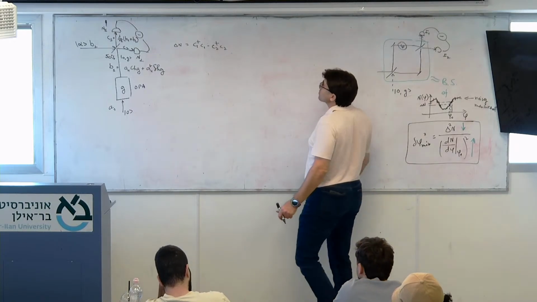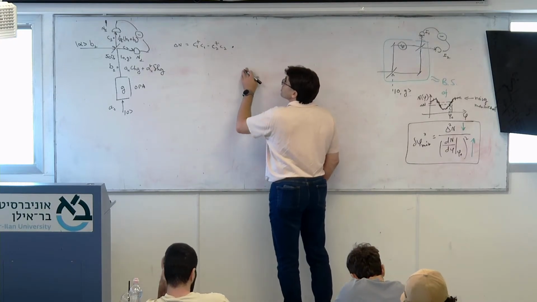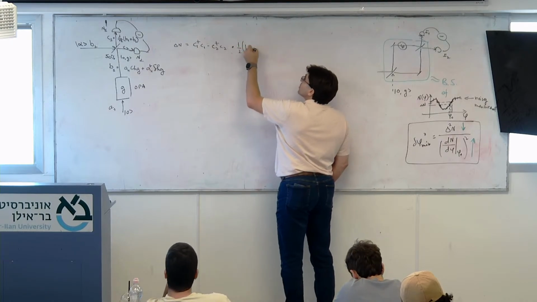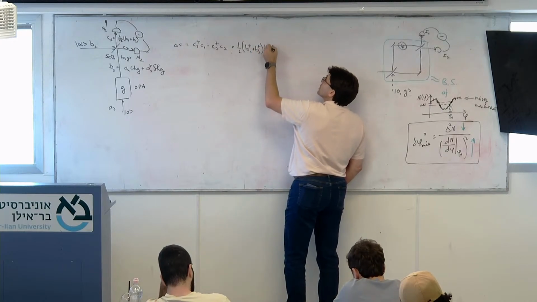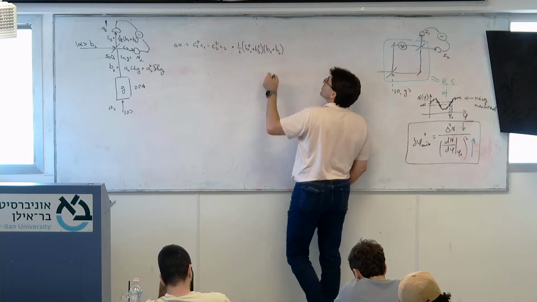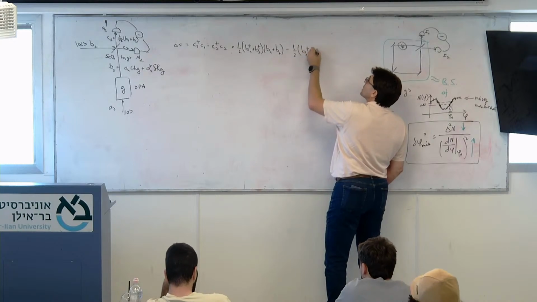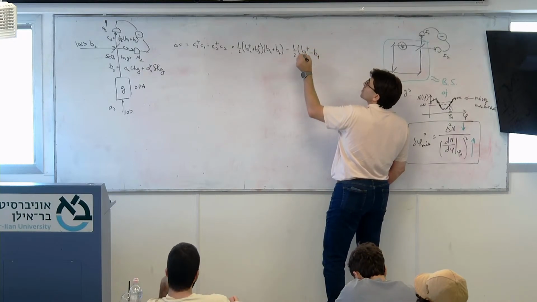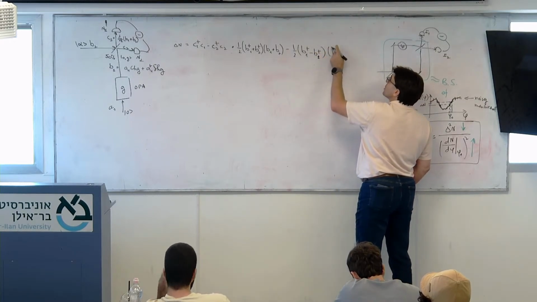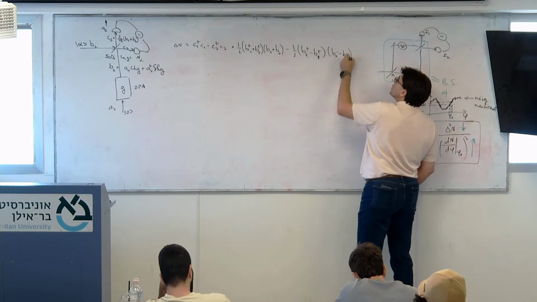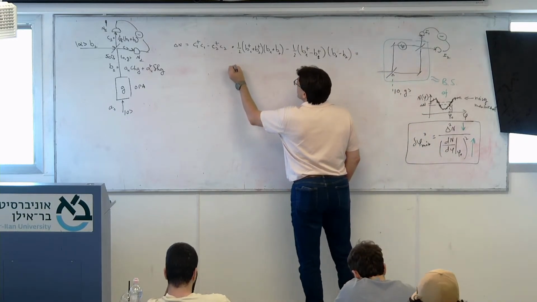Now, that equals, well, okay, so half B1 dagger plus B2 dagger times B1 plus B2, minus half B1 dagger minus B2 dagger times B1 minus B2. We did that before, so we know what that is.